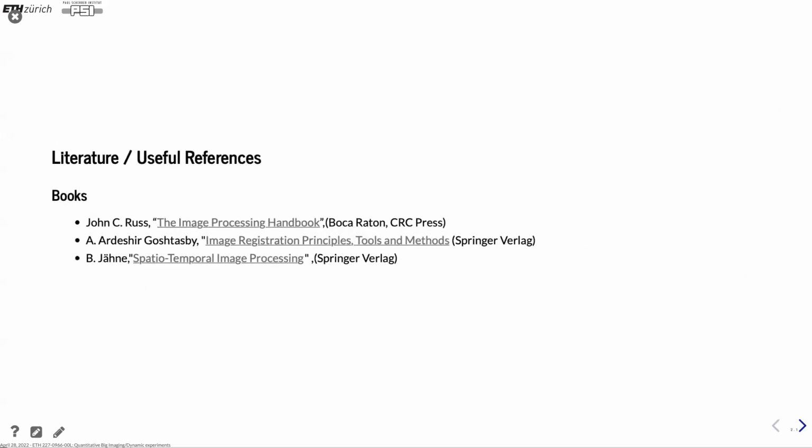So now it switches. So again, some literature. Today, the two new books that would be interesting to look at are Image Registration Principles and Spatiotemporal Image Processing. John Ross always has something to say about everything, so I add him too.